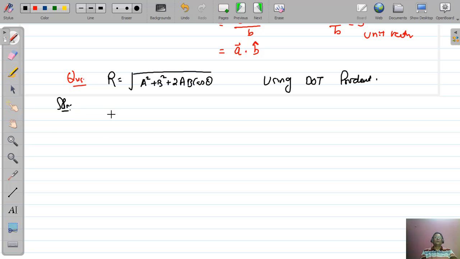Solution. We have written that R is the resultant of the sum of two vectors a and b. If we take the dot product of R with itself, we will get vector R dot vector R equal to vector A plus B dot vector A plus B.